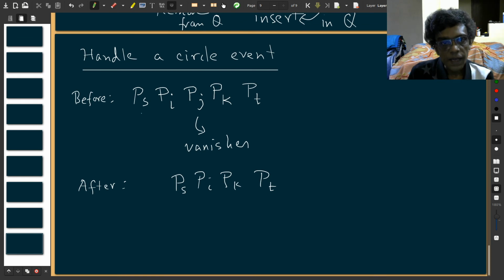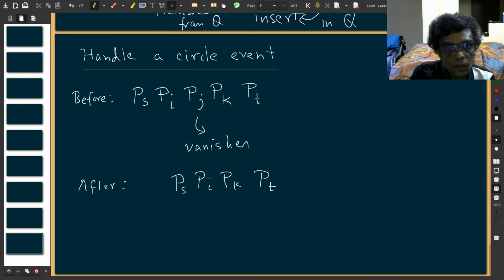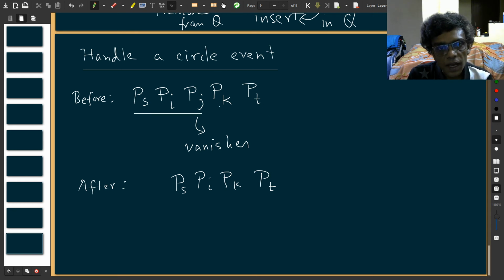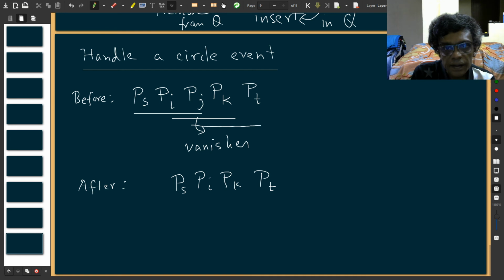So earlier I had stored the circle event corresponding to Sij in the event queue. I also have the circle event Ijk in the event queue, and I had Jkt in the event queue.